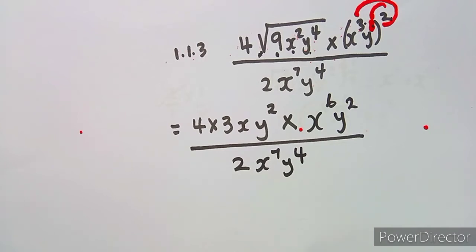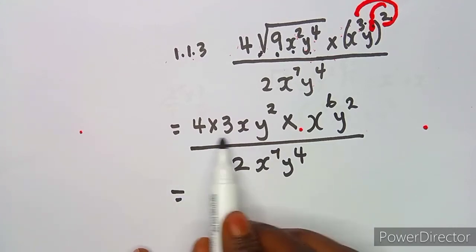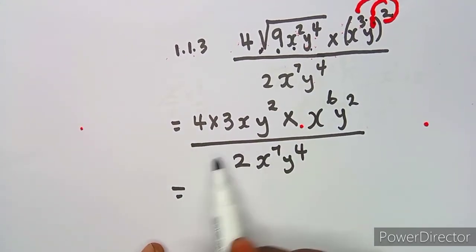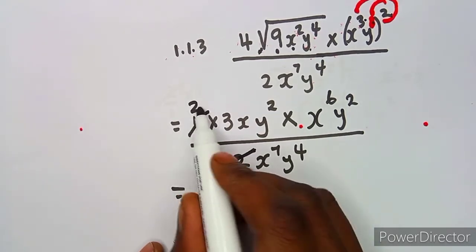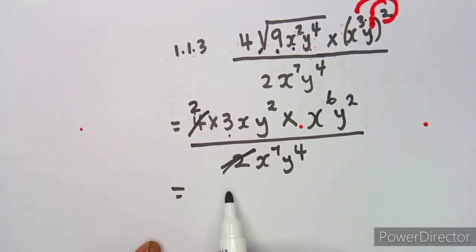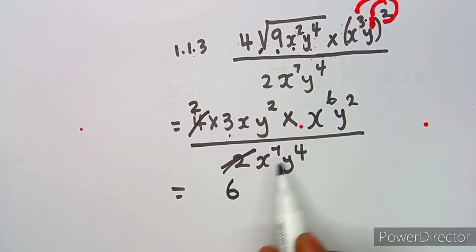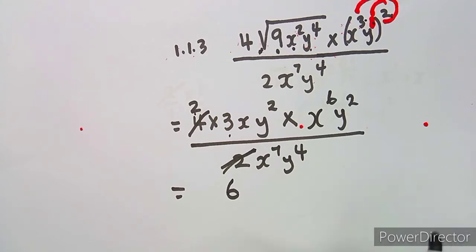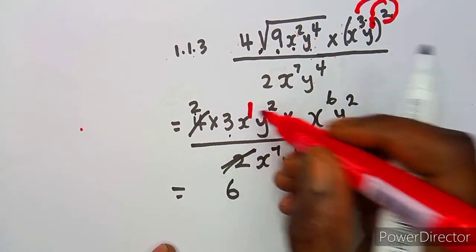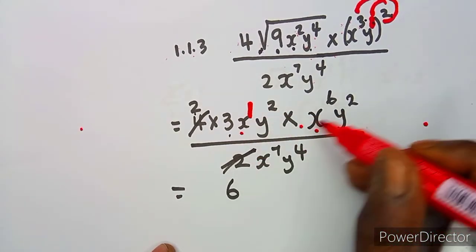So let's start by combining the part on top. These ones can cancel, and that's going to give us a 2 there. So 2 times 3, which is 6. Then on this part, this is x to the exponent of 1 multiplying x to the exponent of 6.